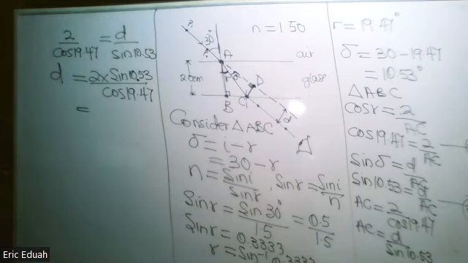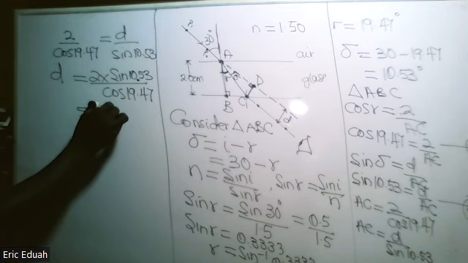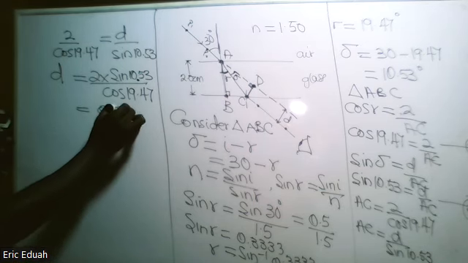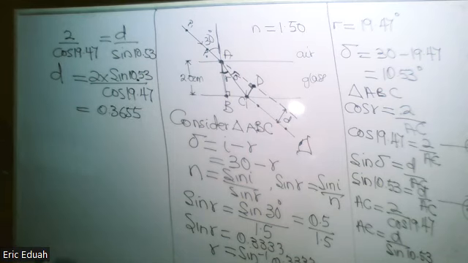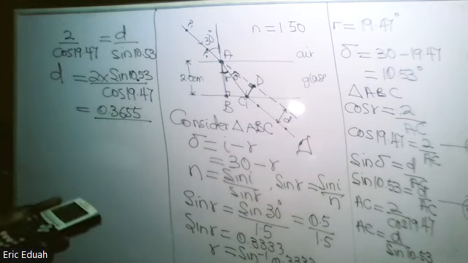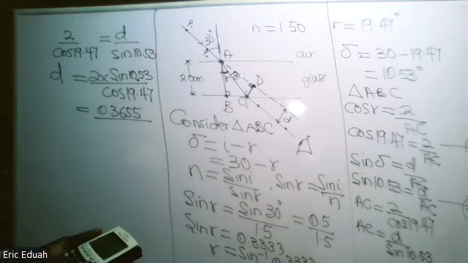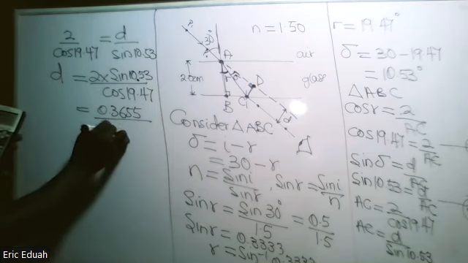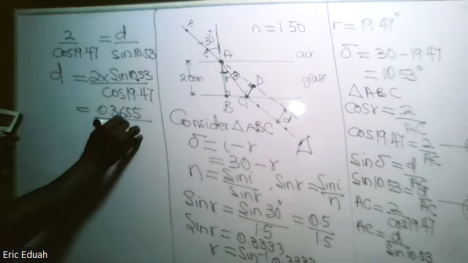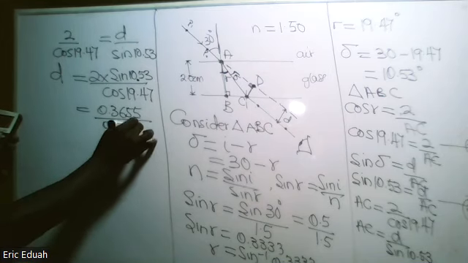Sine 10.53. This times 2. This is equal to 0.3655. Okay, divided by cos of 19.47. Cos 19.47 is equal to 0.9428.